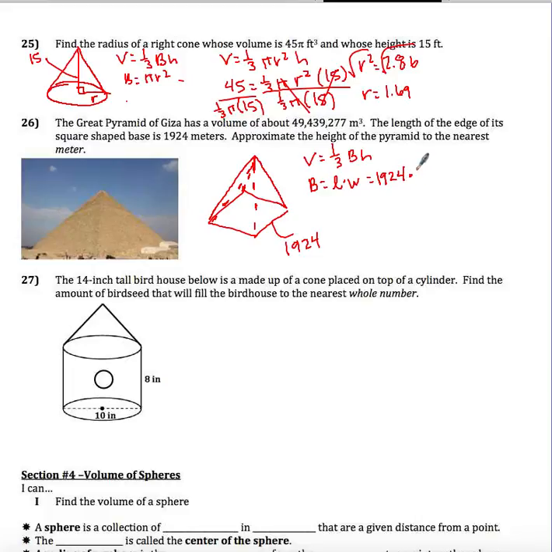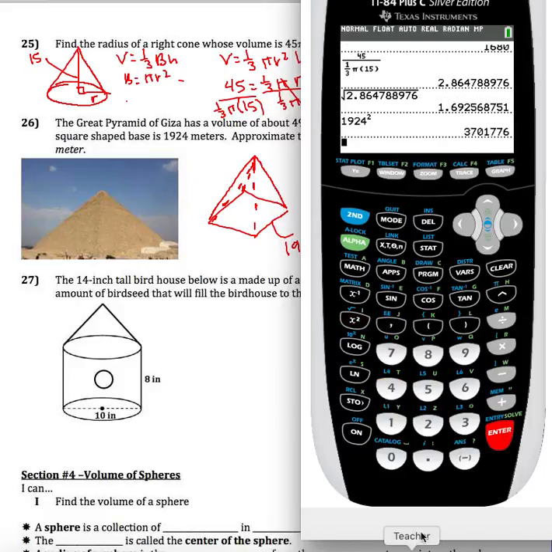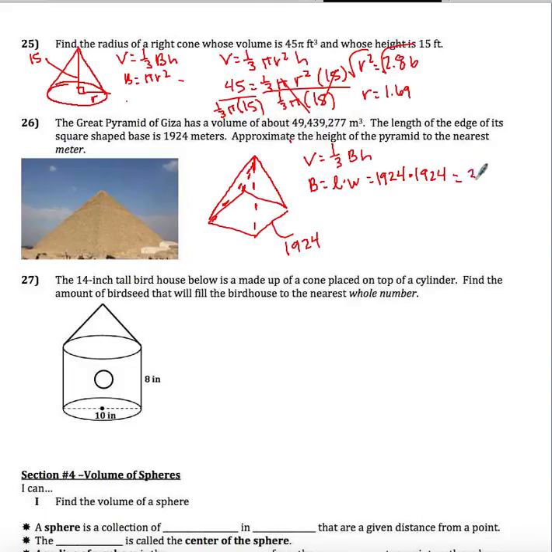Whoa, it's super late, y'all. Sorry. So I'm going to multiply those two numbers together, or I can just square them. And whenever I do that, it gives me 3,701,776. It's a big number.